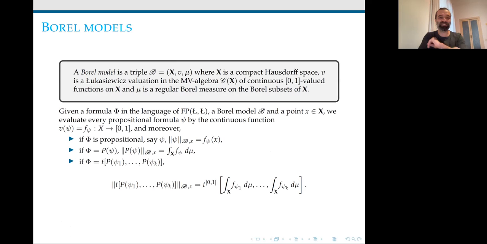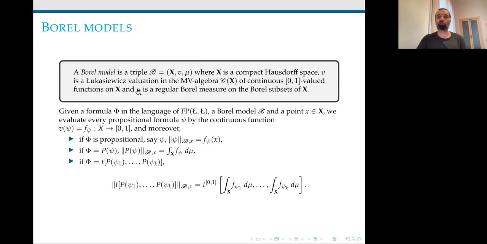Okay, good. So if you think about states as a non-classical notion in some sense, Borel models are very classical kinds of models because they are just made of a compact Hausdorff space. You have, of course, a Lukasiewicz evaluation interpreting your formulas in terms of functions, but the function is just a continuous function. And then you have a regular Borel measure on X called mu, okay?